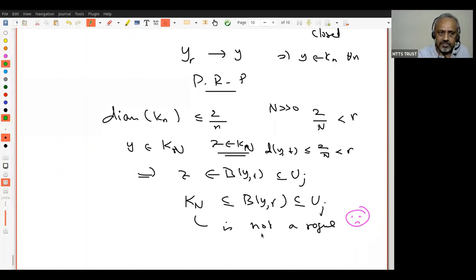But this contradiction actually makes us happy, right? You understood that argument? Okay. So what have I shown now? I have shown that our assumption that X is not compact is false.